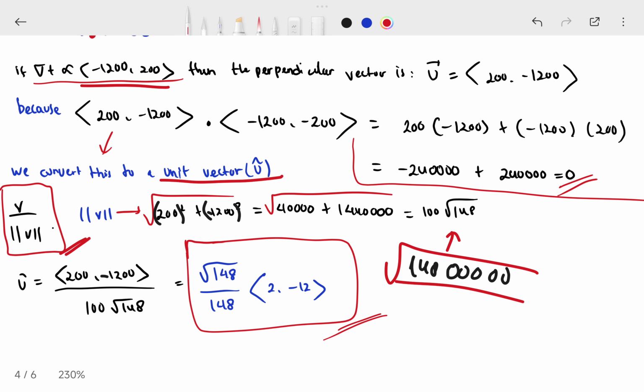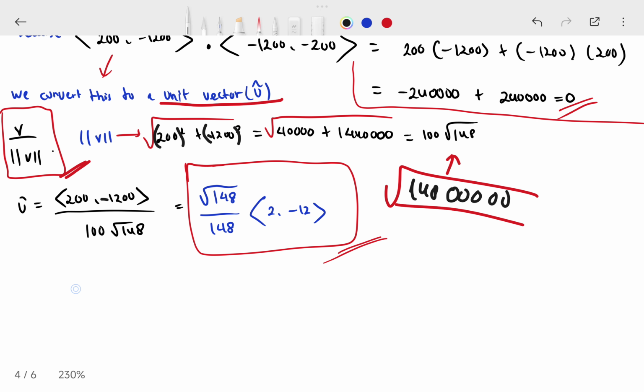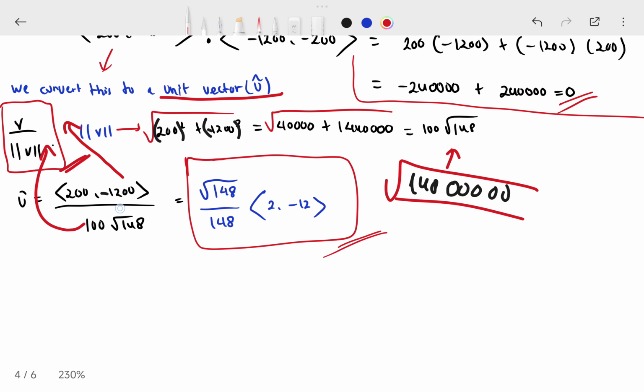So we just put the numbers in. This is the vector v, and this is the magnitude of v. As we compute that, we simplify: we divide both the vector and the magnitude by 100, so this disappears, and this also.